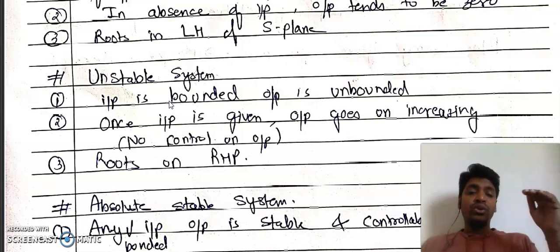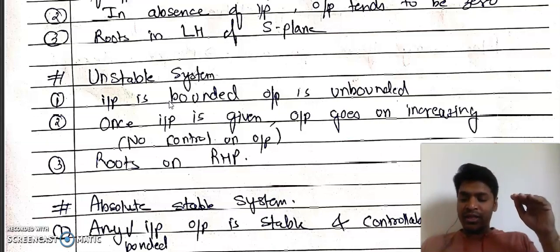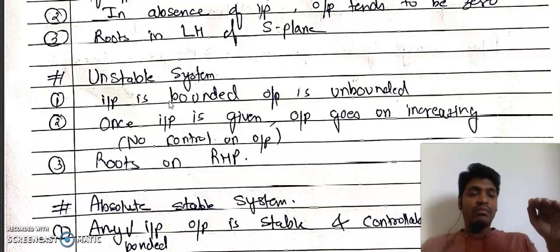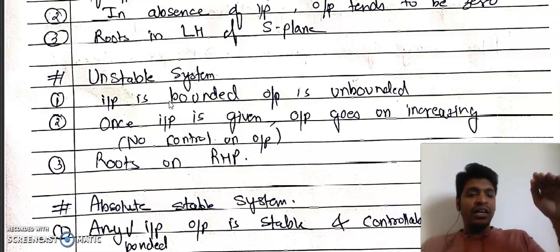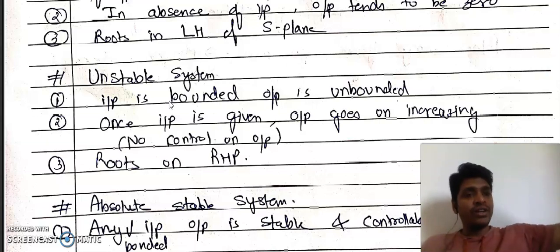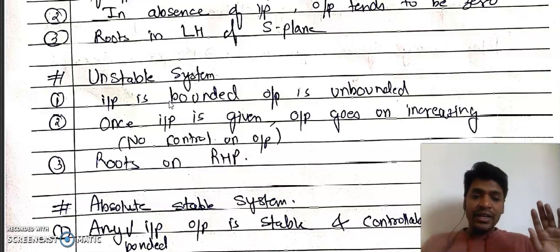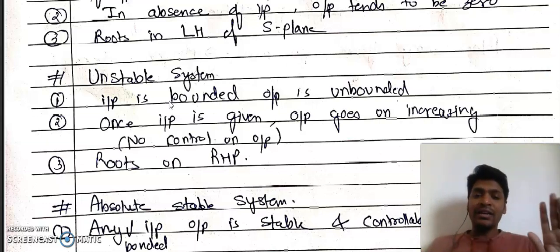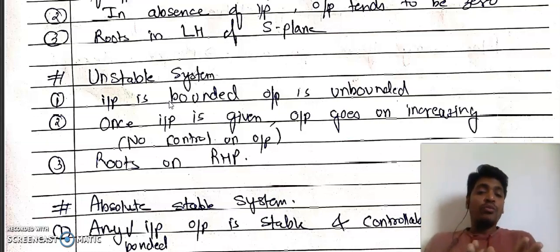It is expected that the output should become stable at 1000 RPM, but it will increase to 800, 900, 1000, then 1100, 1200, 1300, and continuously keep increasing, right? Means your output is not bounded now. So for the bounded input, the output is not at all bounded, right?